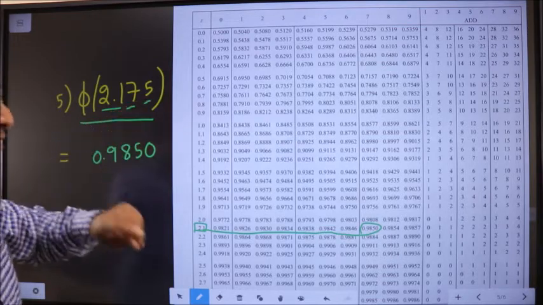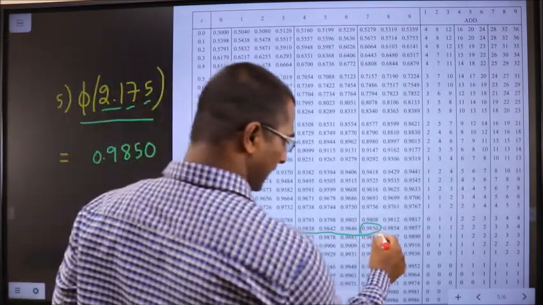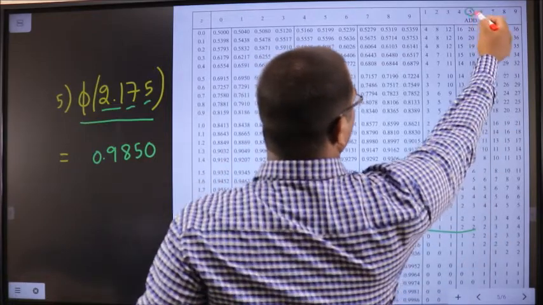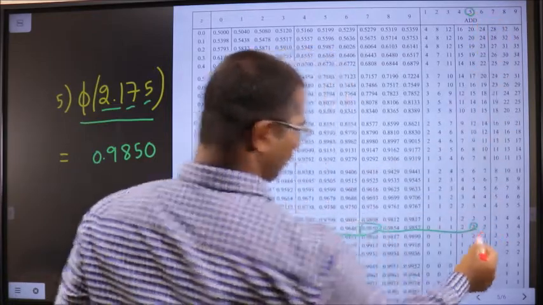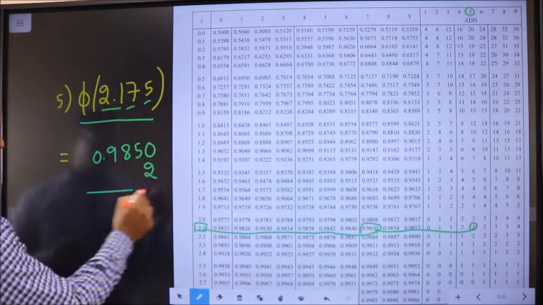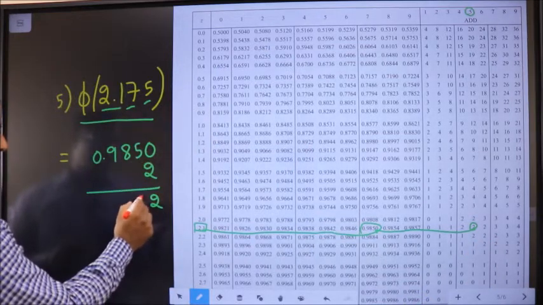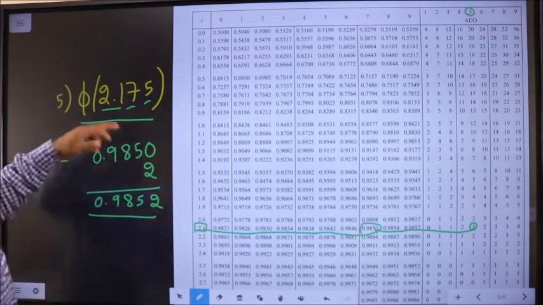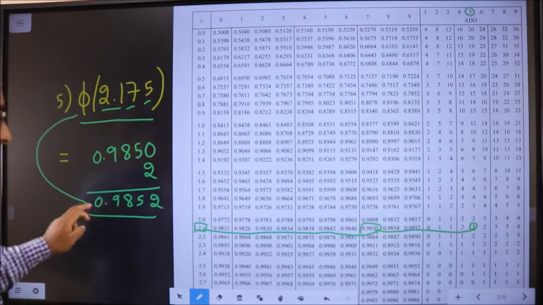Next decimal is 5. So in the same row, look at the fifth position, what do you have? You have 2. Add 2 to the last. So this will result in 0 plus 2, 2, 5, 8, 9. So phi of 2.175 is this much.